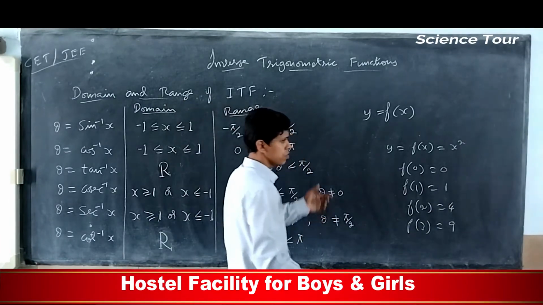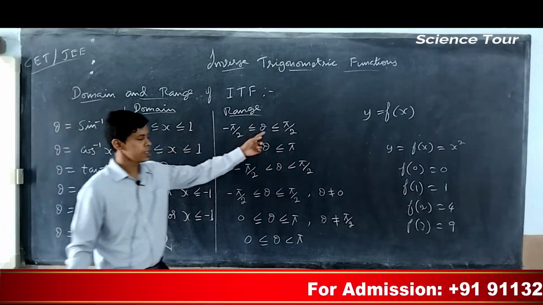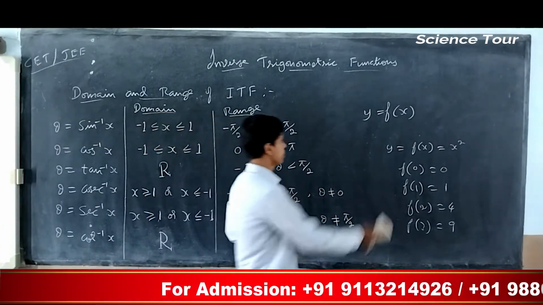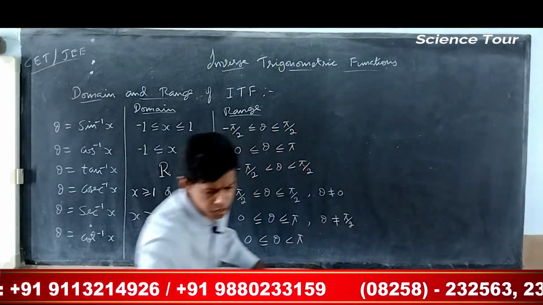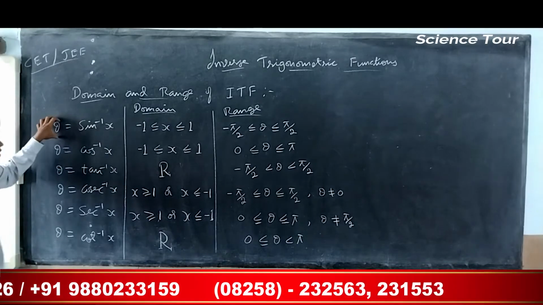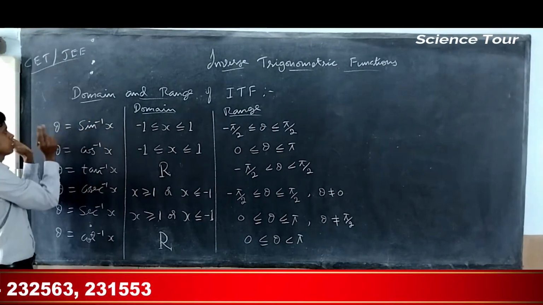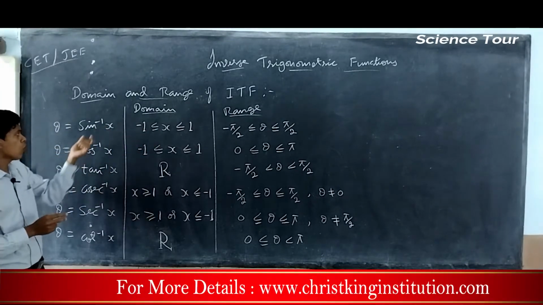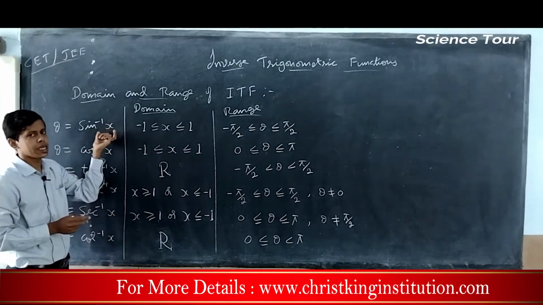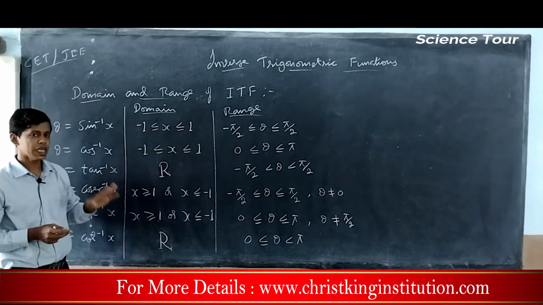So why I am telling you this is so that you understand this x and the meaning of theta. These values are range. The value of sine inverse x is theta, the value of x is domain. So what values can x take? Any value between minus 1 to 1, and minus 1 and 1 are included.